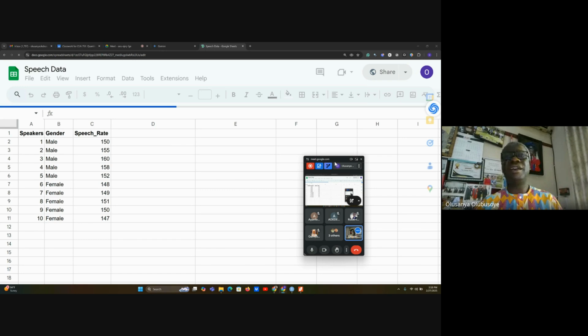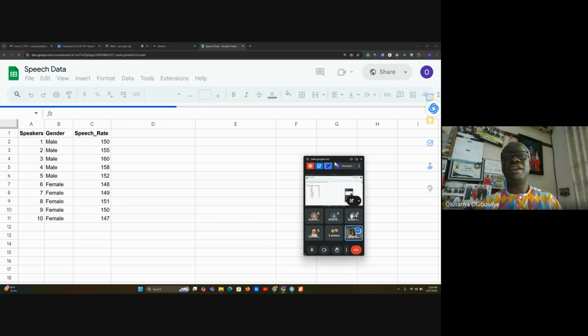I don't know the definition you give to it, but it differs, but it could be measured as the number of words spoken by an individual per minute. And it varies. So the number of words that I speak per minute will likely be different from your own, and your own will be different from others too. So we might be interested in measuring that.